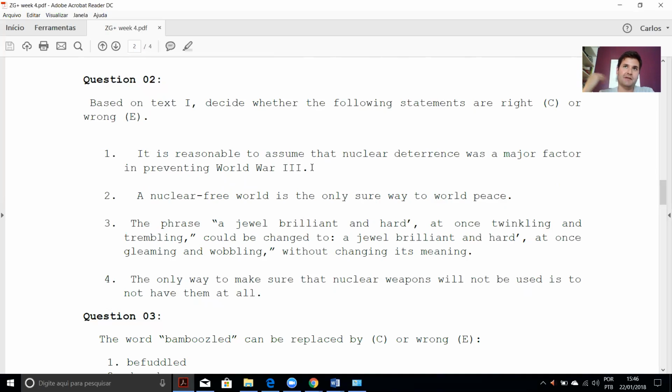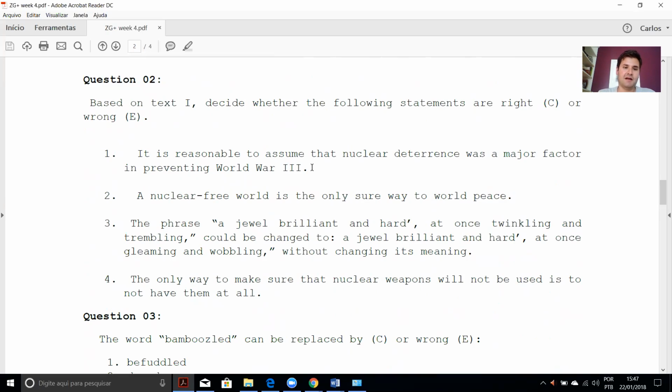They're using the fact that nothing happened to justify nuclear deterrence, and using nuclear deterrence to justify having nuclear weapons. So it might be a justification that is not based on fact, reality. This is the whole idea of the article: he's trying to dispel this myth that deterrence prevented, is preventing so far, World War III.